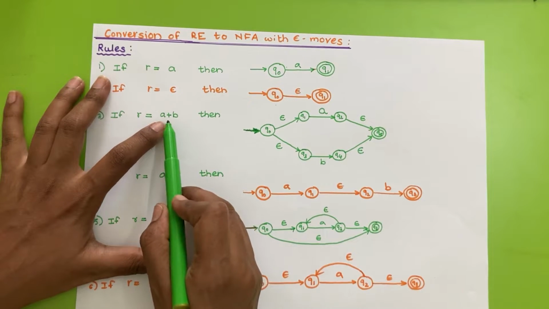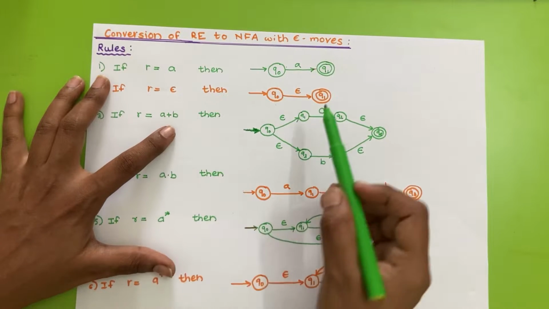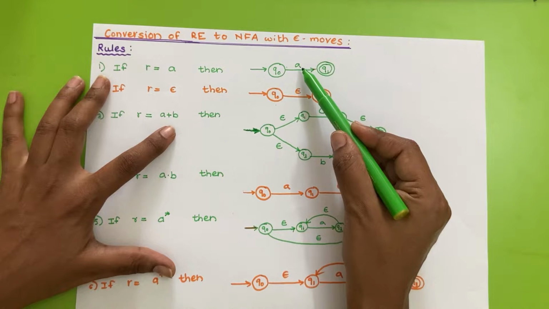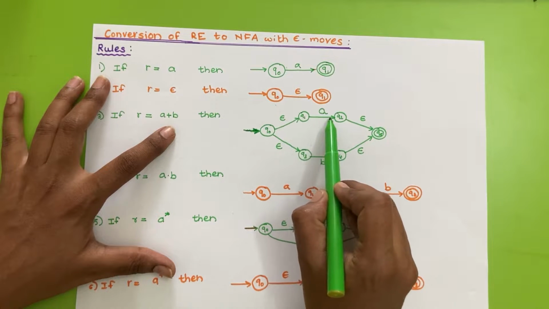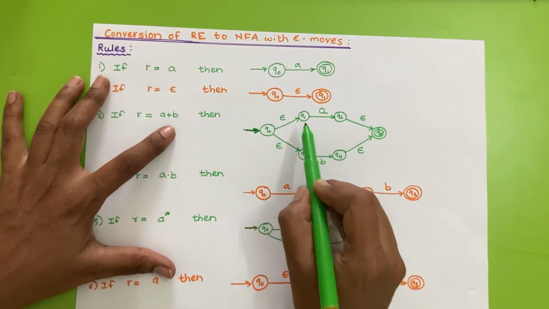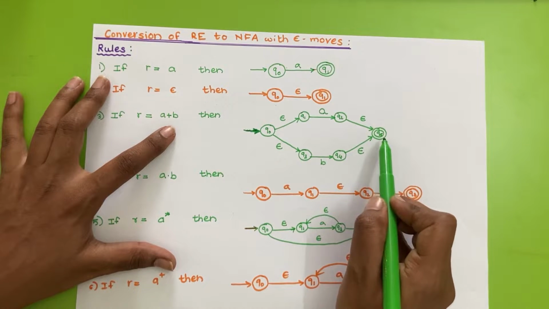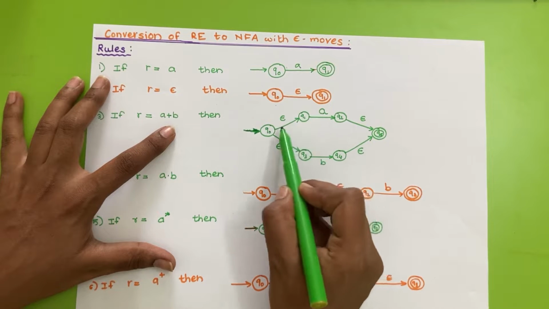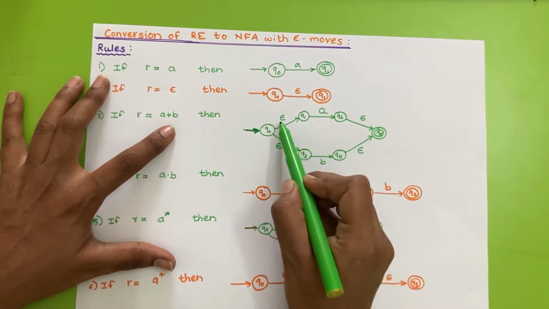Now we want to use the plus, or union, operator for A and B, so they will be connected with the help of one initial state and one final state, and the A and B diagrams are connected to them by empty symbols.